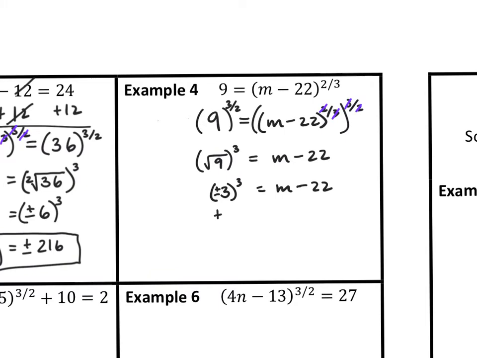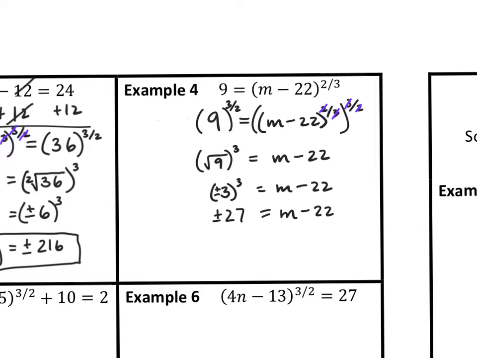It's positive 27. And then what's negative 3 times negative 3 times negative 3? It's negative 27. So I'm actually going to get two answers again. And that's because, again, just want to keep mentioning this, if I square root a number, I'm going to always get two answers, a positive and a negative. Positive 3, negative 3.